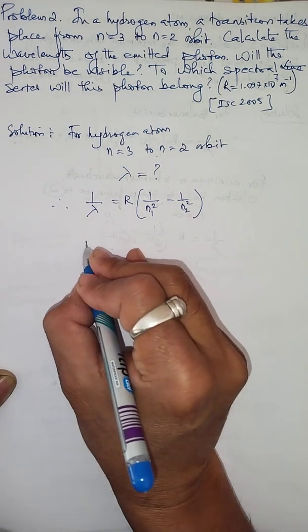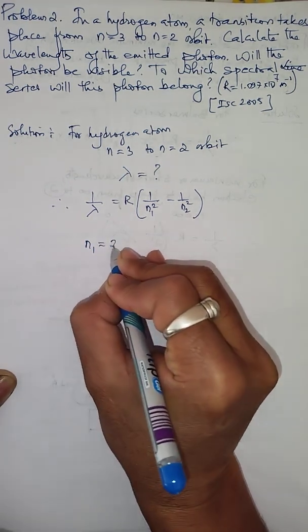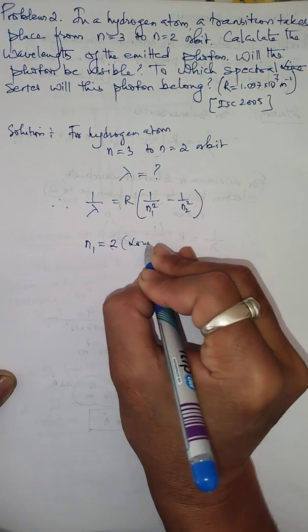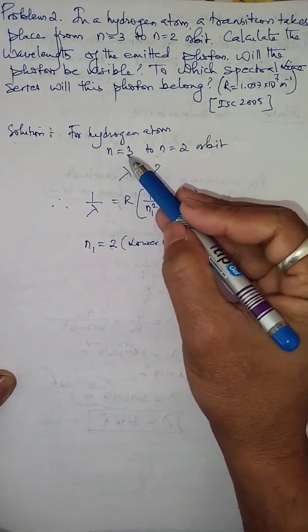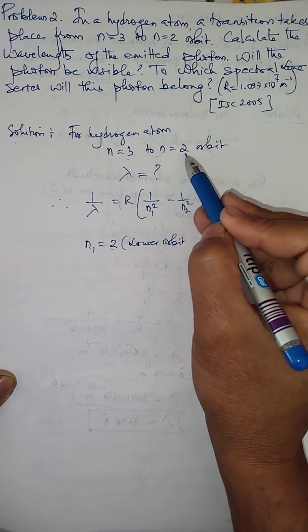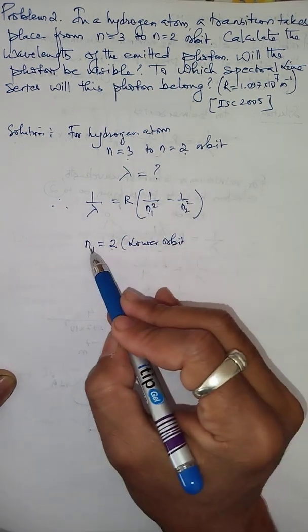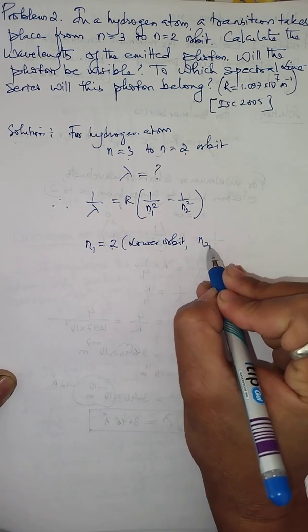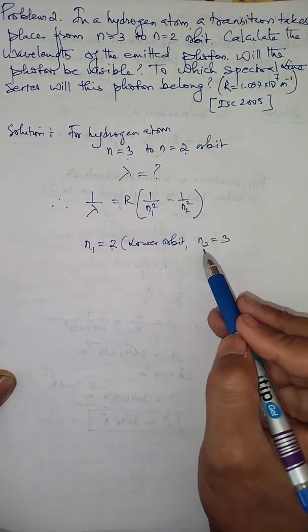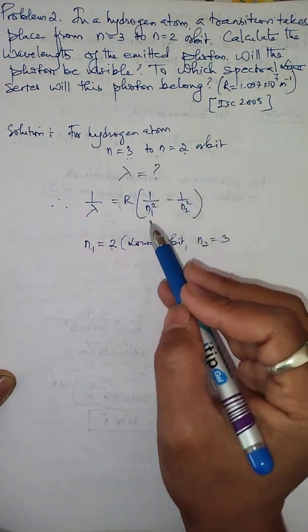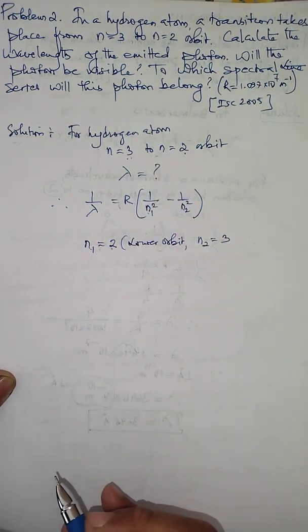Out here, n1 equals 2, which is the lower orbit. That means the electron jumps from higher orbit 3 to lower orbit 2. So n1 is the lower orbit, that is 2, and n2 is the higher orbit, which is 3.